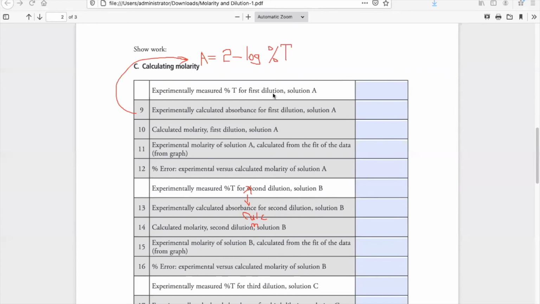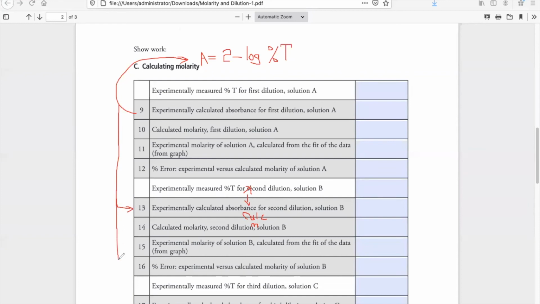If I know the percent transmittance for solutions A, B, and C, I'll use the same equation. Let me move this so that you see, this will be applicable also to experimental calculated absorbance right here.